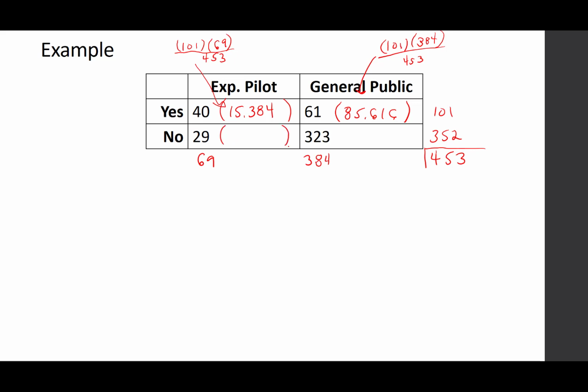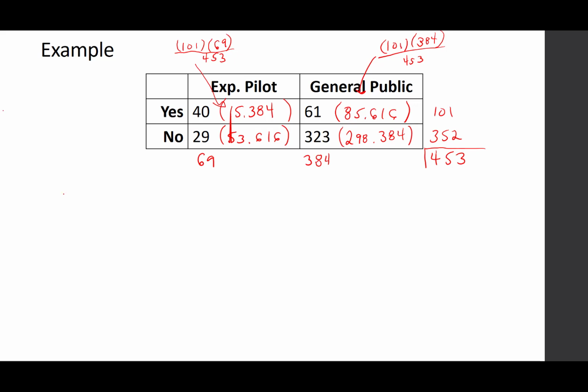And this cell down here has a row total of 352 times a column total of 69 divided by a table total of 453 gives us 53.616. And how about this last cell? It's 352 times 384 divided by 453 gives us 298.384. And now if you take the time and add those 4 expected counts up, you're going to get 453. So I've already checked that calculation, so I think we're good to go.